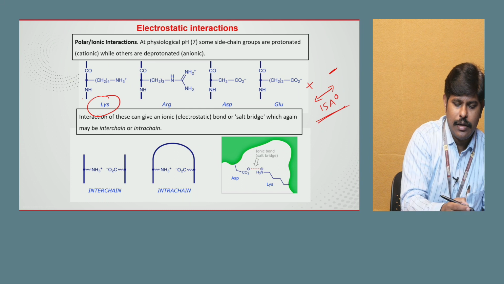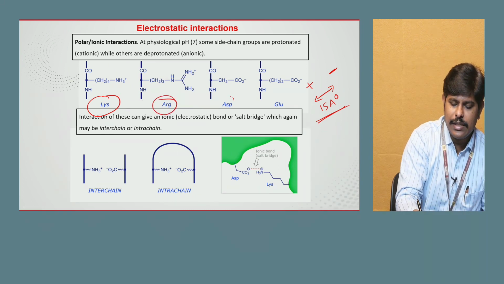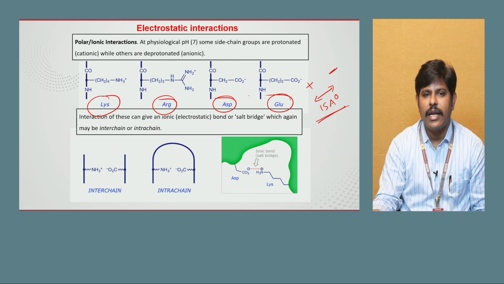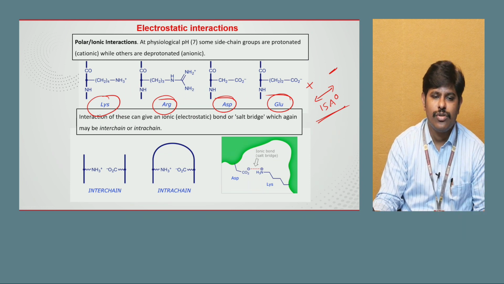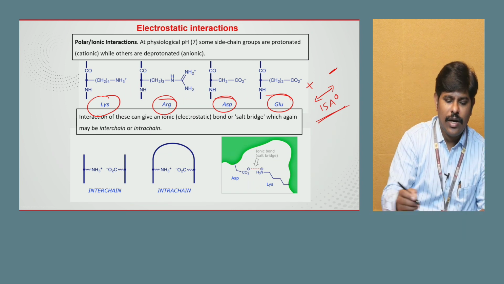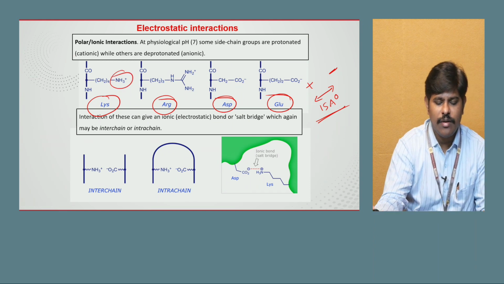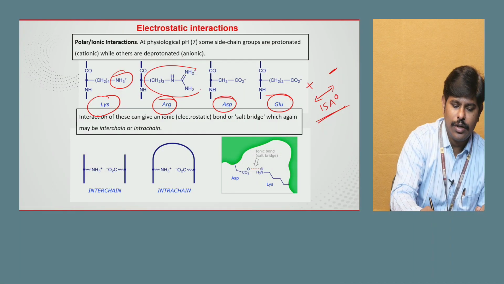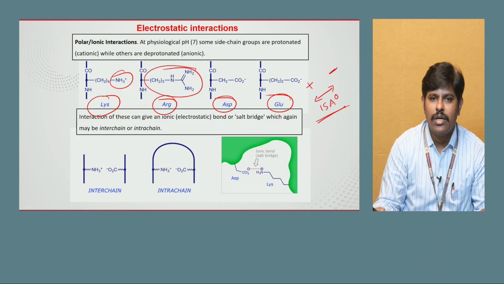lysine, arginine, aspartic acid and glutamic acid, in their side chains they can have these negative and positive charges. Lysine and arginine have NH3 groups. Lysine will have epsilon amino group and arginine has guanidine group. So, both are positively charged here.